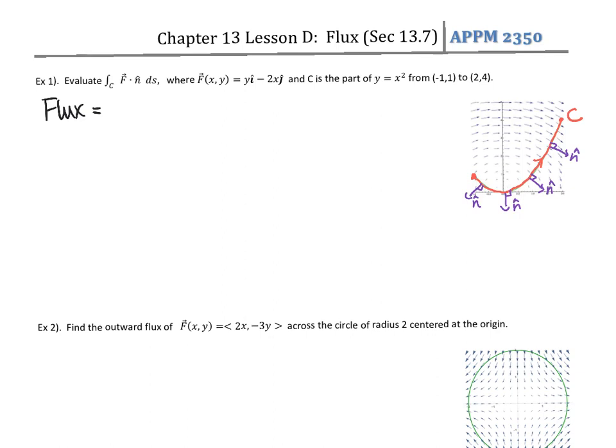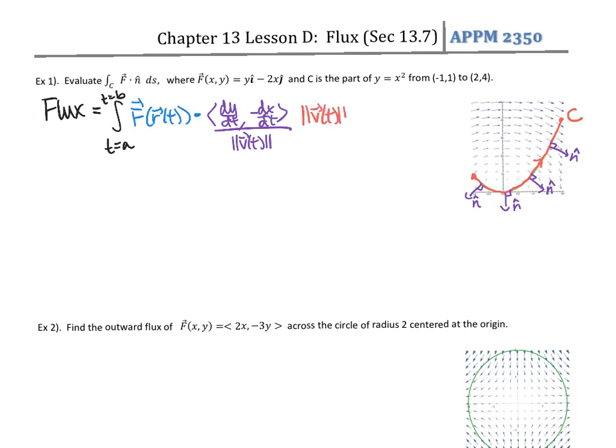We're going to change variables and rewrite everything in terms of a parameterization. And so we're going to need to rewrite our vector field in terms of t. And then recall n is going to be dy/dt, negative dx/dt, then divided by that magnitude, which in this case is just the speed, and then ds is the speed dt.